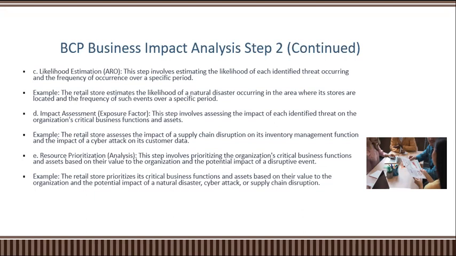This step involves estimating the likelihood of each individual threat occurring and the frequency of occurrence over a period of time. Example, the retail store estimates the likelihood of a natural disaster occurring in an area where its stores are located and the frequency of such event over a specific period.